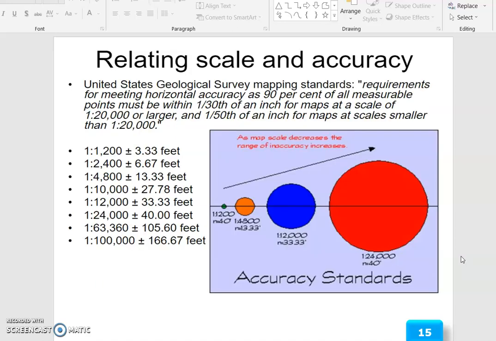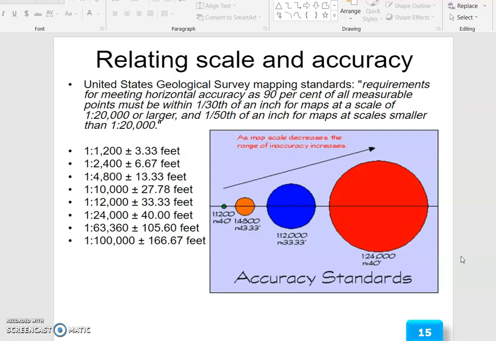So, relating scale and accuracy: the United States Geological Survey mapping standard requirement for meeting horizontal accuracy is that 90% of all measurable points must be within 1/30th of an inch for maps at a scale of 1 to 20,000 or larger, and 1/50th of an inch for maps at scales smaller than 1 to 20,000.